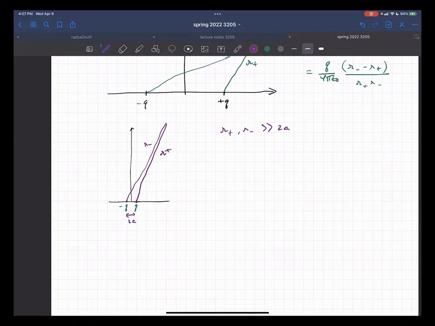Okay, so how can we simplify this? So looking at the denominator, how can we simplify that a little bit? Well, we can look at r plus times r minus. Sorry guys, my dog is barking there. Let me close the door here.